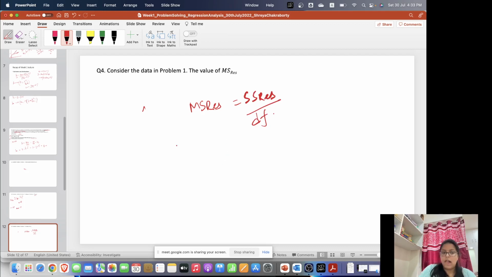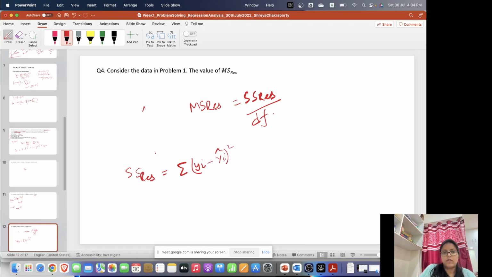So how do we calculate the SS residual? Summation yi minus yi hat whole square. Yes.